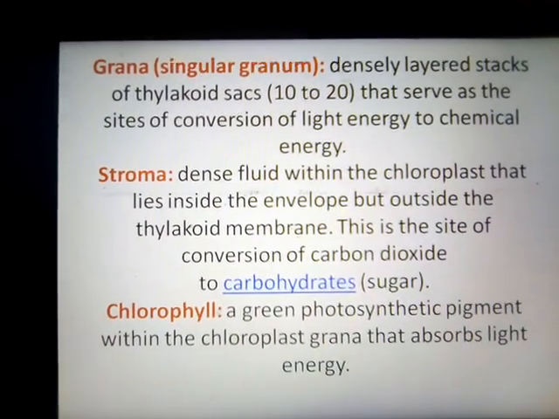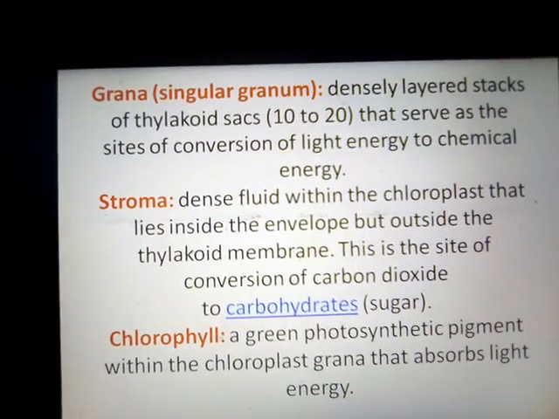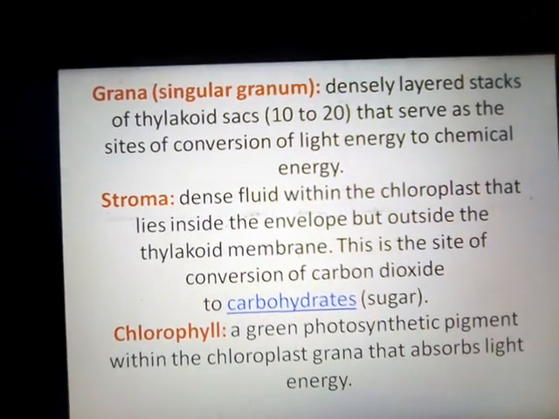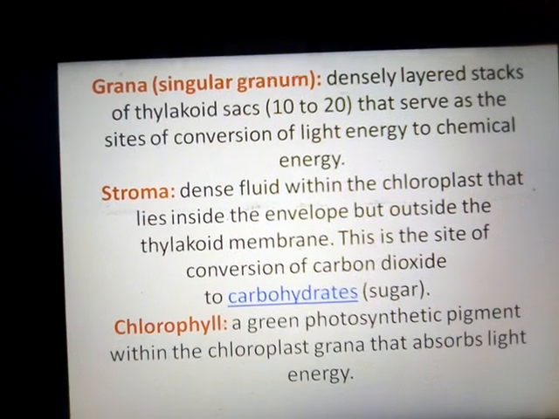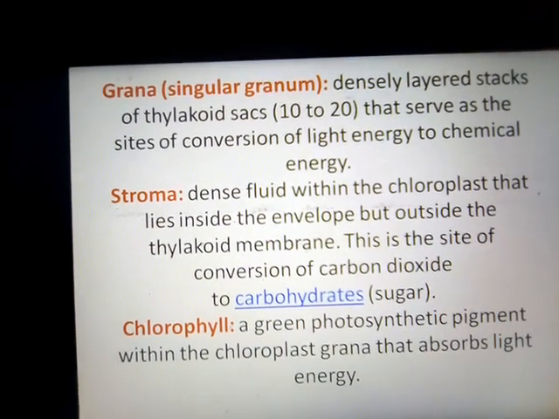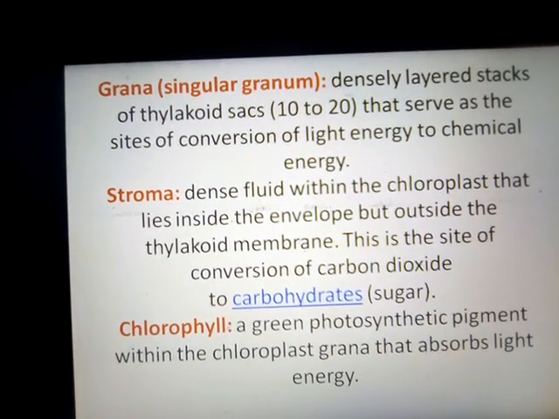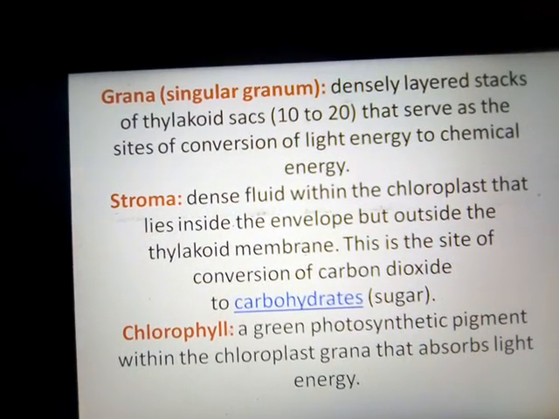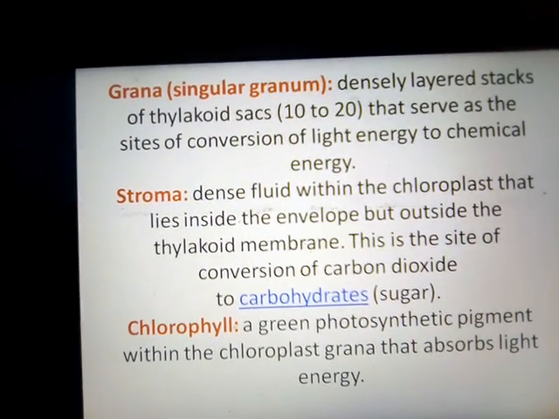Grana, singular granum. Densely layered stacks of thylakoid sacs, 10 to 20, that serve as the site of conversion of light energy to chemical energy.